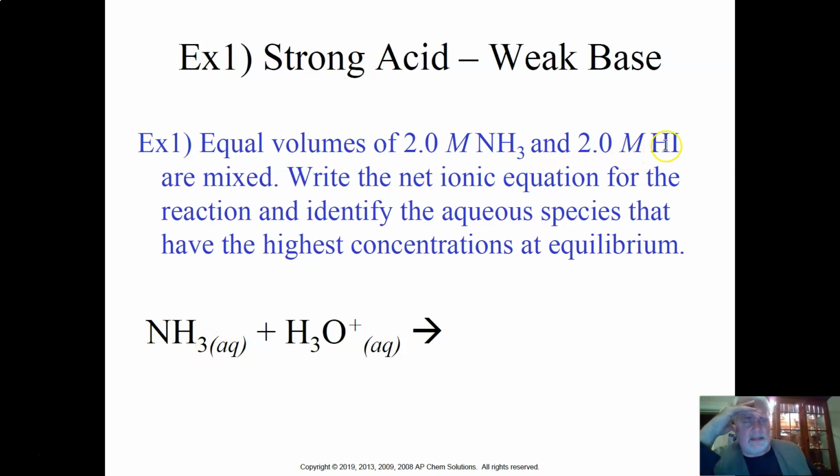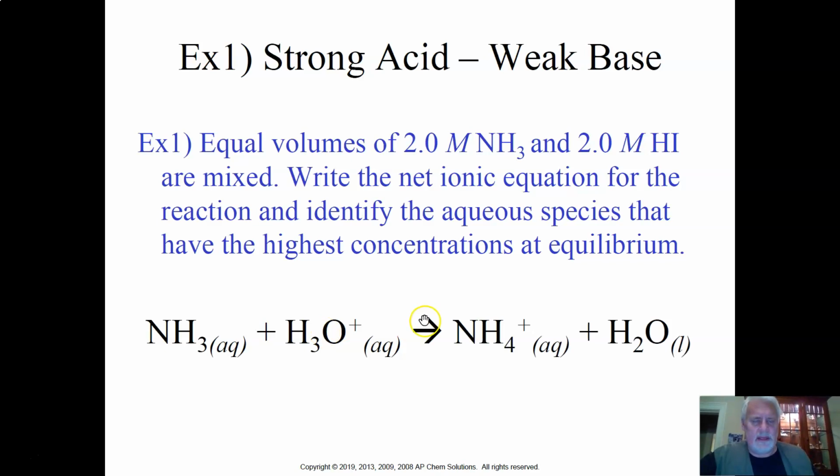You could write it as H plus, it would be perfectly acceptable. But in this case, we want to use the H3O plus so we can see the two products, which of course would be ammonium and water. All right, and it wouldn't change anything when you were writing the equilibrium law expressions, except you'd have H plus instead of H3O plus.